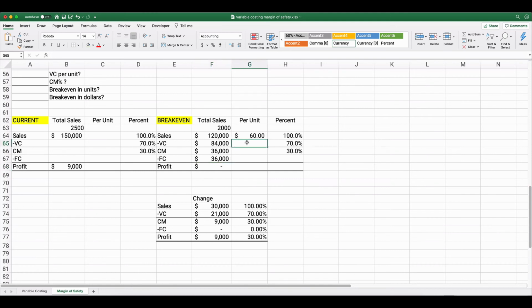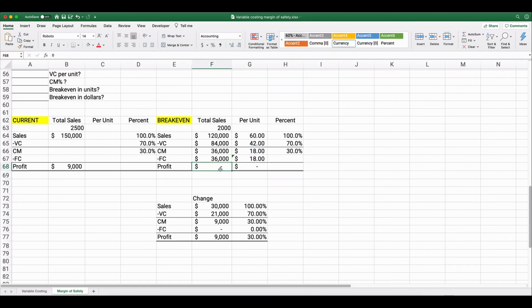Keep going here. So $60 times 70% means our variable cost is $42 each. If we subtract out the 60 minus the 42, we get 18. If we take the 36,000 divided by the 2,000, that must be 18. And we simply subtract 18 minus 18, and we got 0.